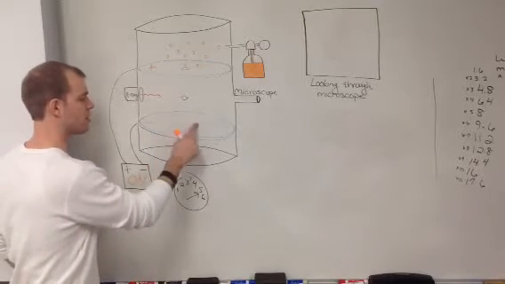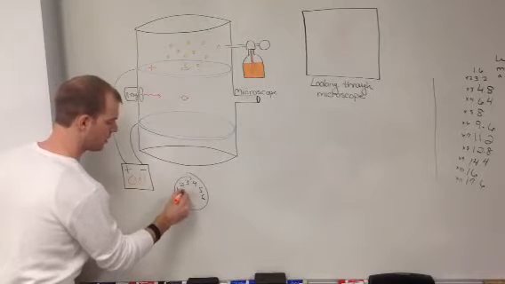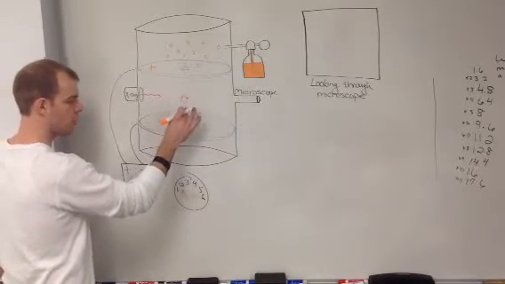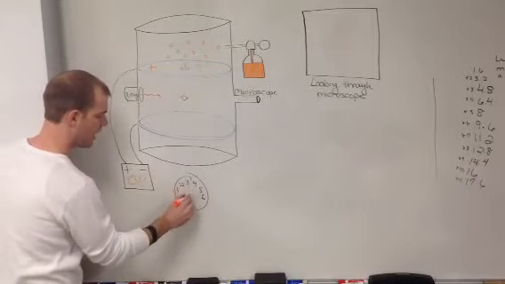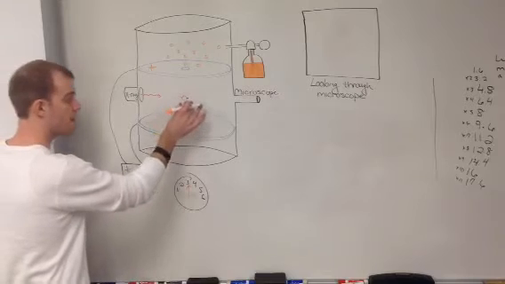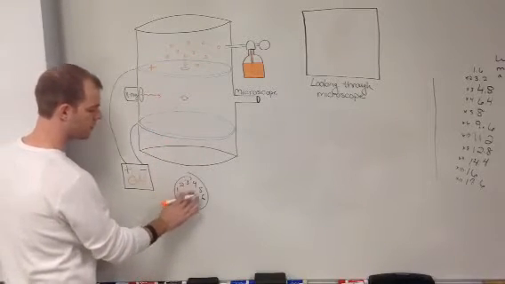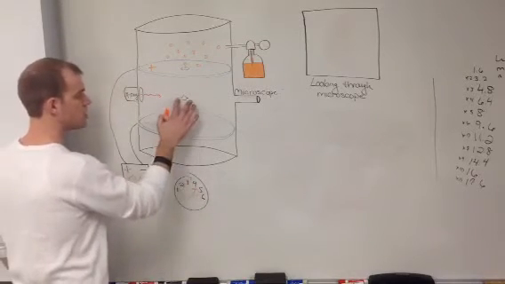If I have this at a certain voltage, which I can control right here, right? Sometimes if I have this at a low voltage, the drop might just slowly come down and eventually hit this plate. If I have this at a little higher voltage, it might very, very slowly come down, but eventually come down to this plate. But if I have it at a voltage that's just right, maybe say here, it'll just sit there.